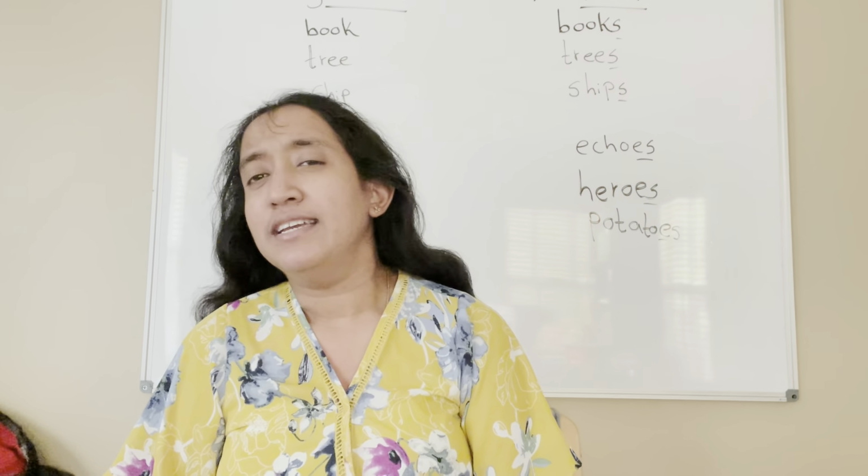So regular nouns like tree, book, shoe, we can easily make them plural by adding s or es. If we take shoe, shoe is shoes. Book, we can add s, book is books. We can make it a plural noun.